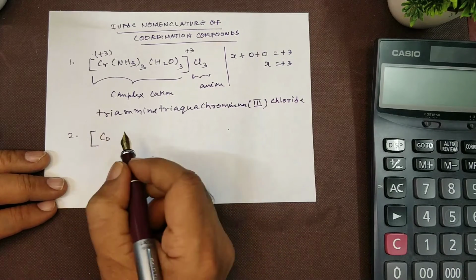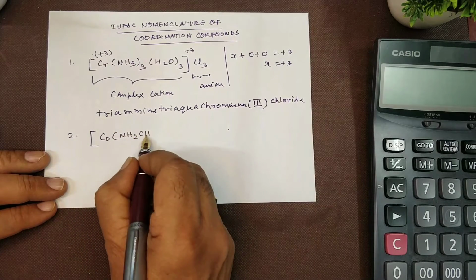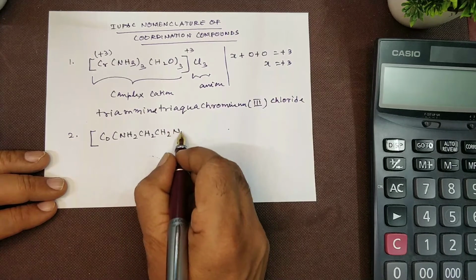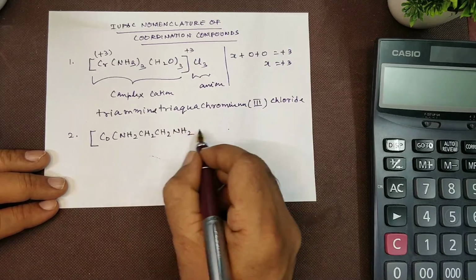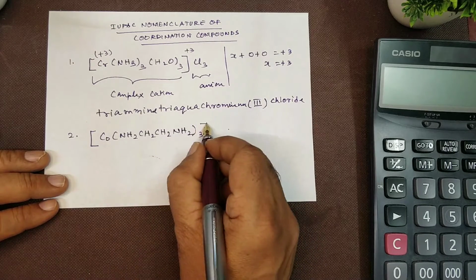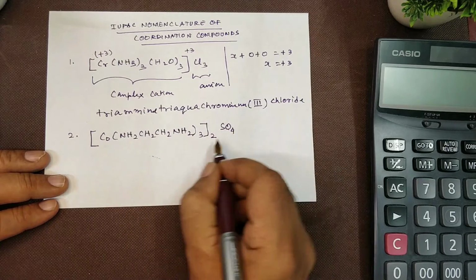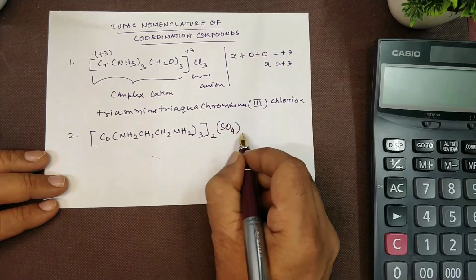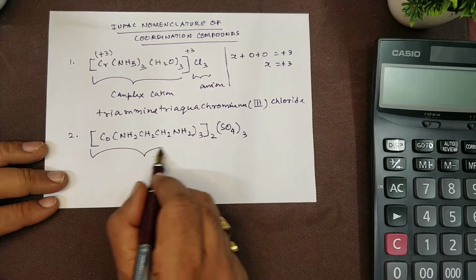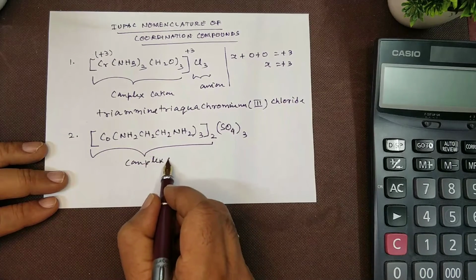Cobalt, NH2, CH2, CH2, NH2 thrice, and then this is twice, then SO4 thrice. Okay, so here the complex ion is cation. So complex cation.